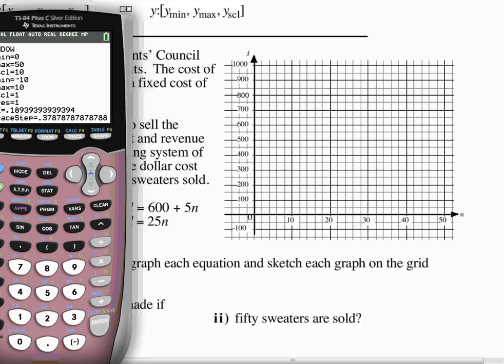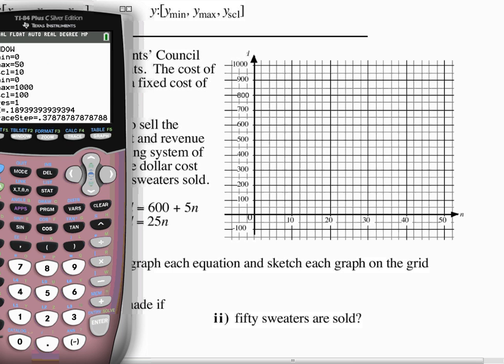Y goes from 0, actually it goes negative 100, but let's go 0 to how high? What large number do you see on the graph? 1,000, and it goes up by 100. So if you're given a graph, you're given your window settings. Isn't that nice?